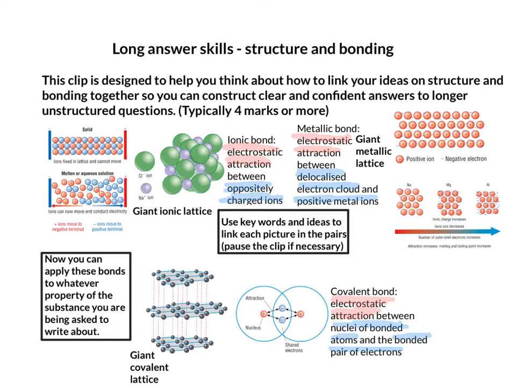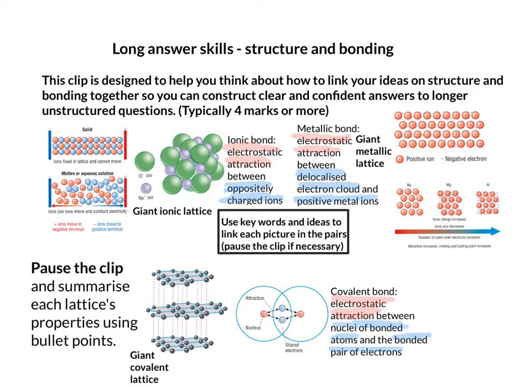It might be worth grabbing a whiteboard and seeing if you can, in two minutes, write down as many of the properties of the 3 different types of lattices as you can. Use bullet points. Don't write tons of stuff, just bullet points very quickly, but put in the key words. Stop the clip and then resume when you think you've done that. Take a minute, 2 minutes, 3 minutes, however long you think, and then come back to it.